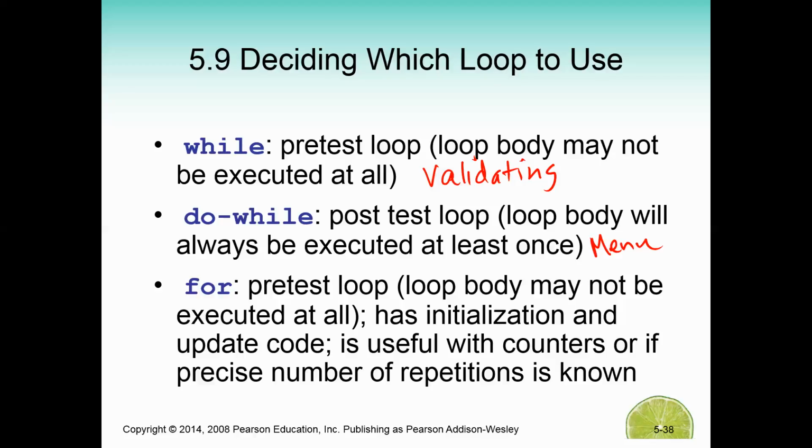And then we ask for the answer. If the answer is incorrect, we want to display the menu again. So that's when we go back. So that's when we use it. And the for is when we know the number of repetitions.